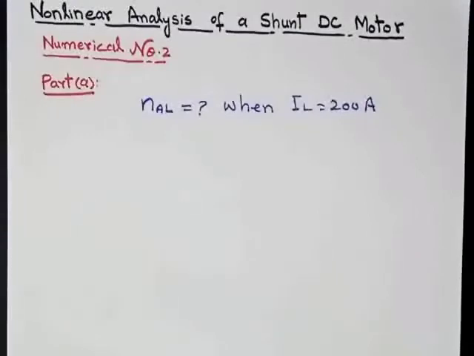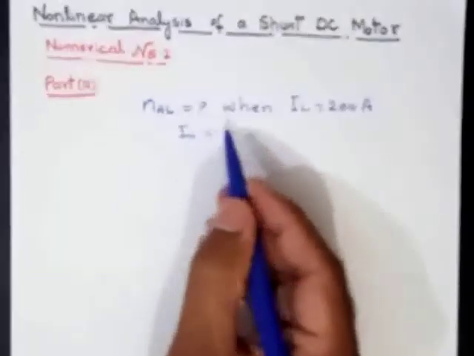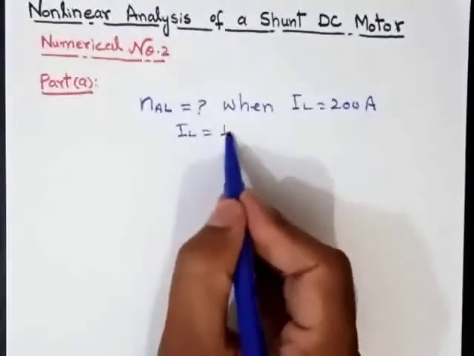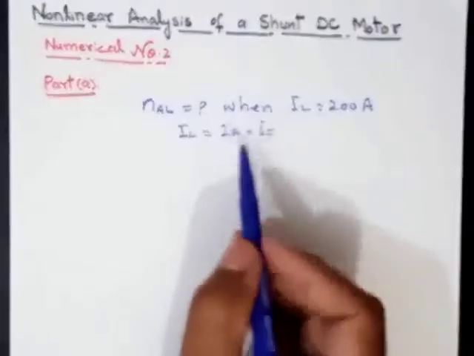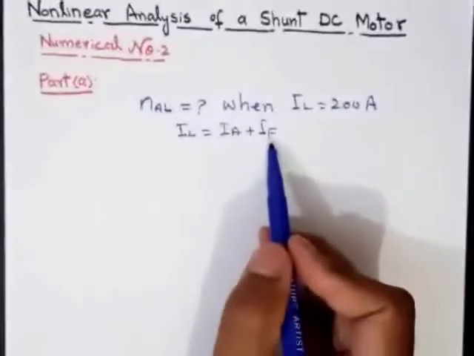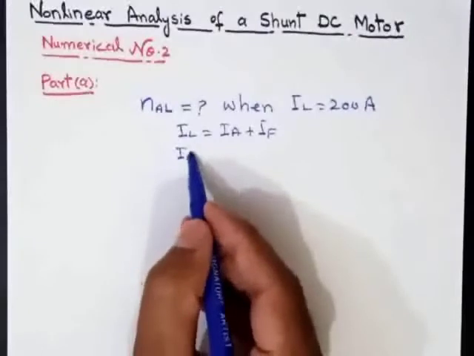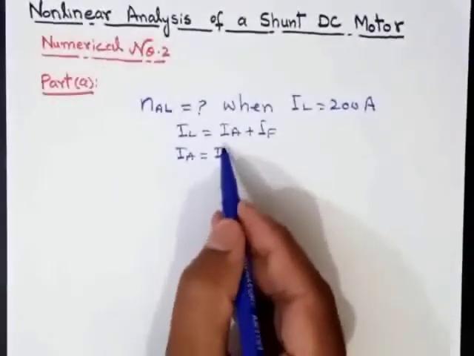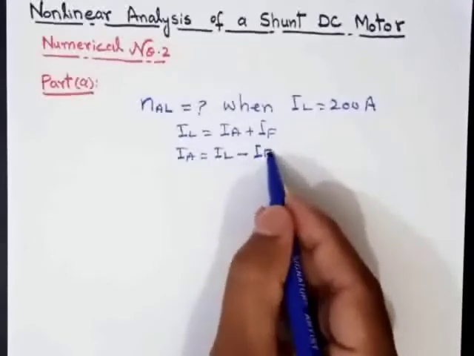Now, as we know, in case of a shunt DC motor, IL is equal to IA plus IF. IA means armature current and IF means the field current. Here, IA will be equal to IL minus IF.